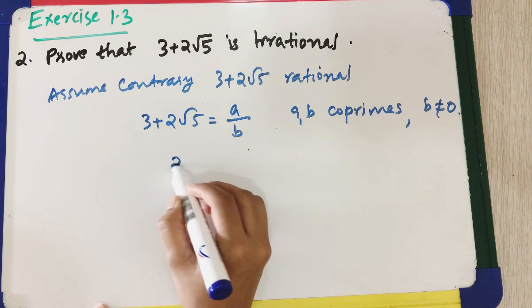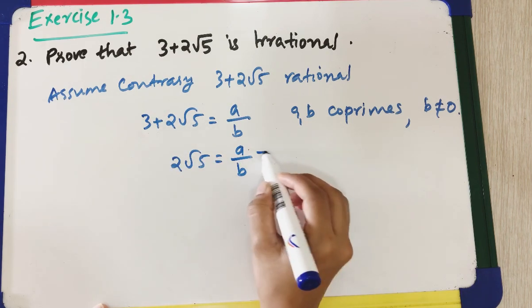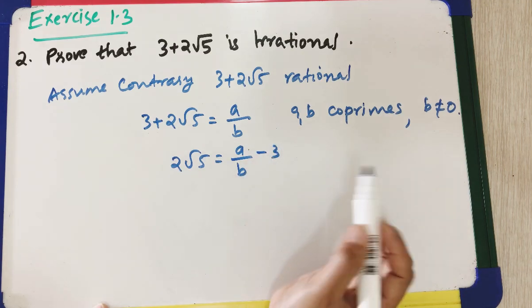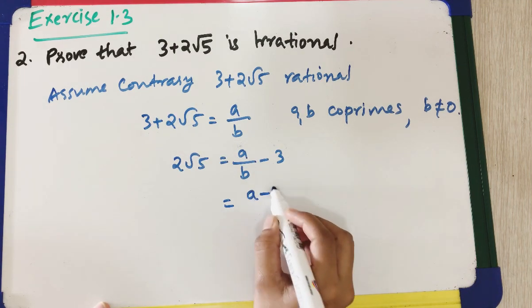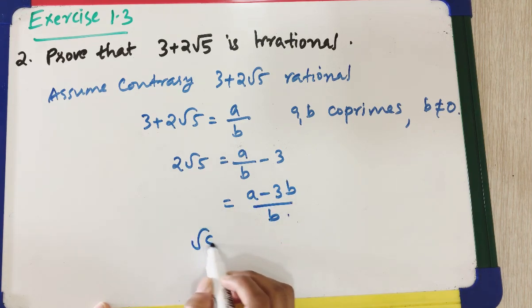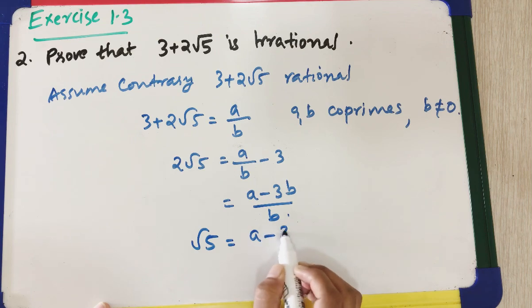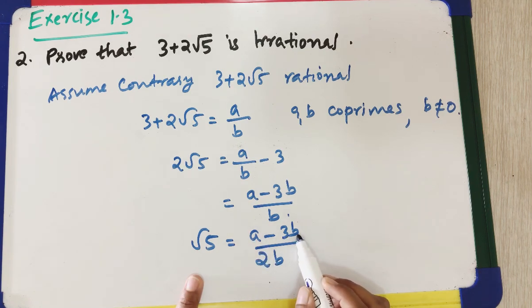Rearranging, we get 2 root 5 is equal to a by b minus 3, taking 3 to the side, which is equal to a minus 3b by b. Or we can say root 5 is equal to a minus 3b by 2b. Here a is an integer, 3 is an integer, b is an integer, also b is not equal to 0.